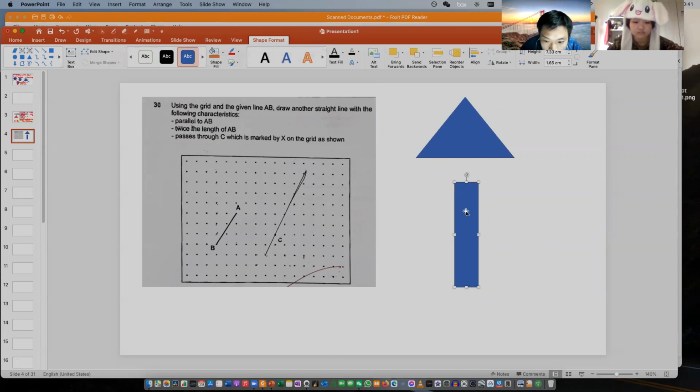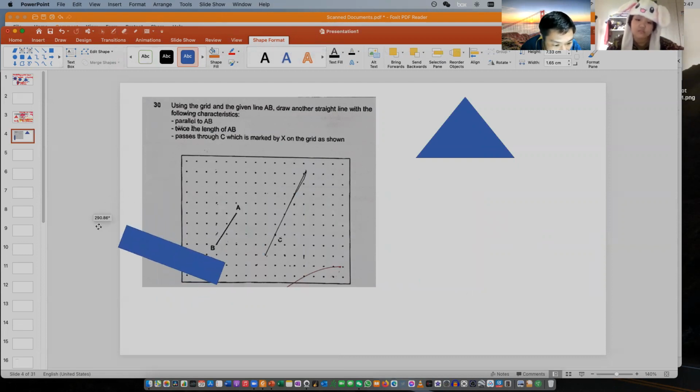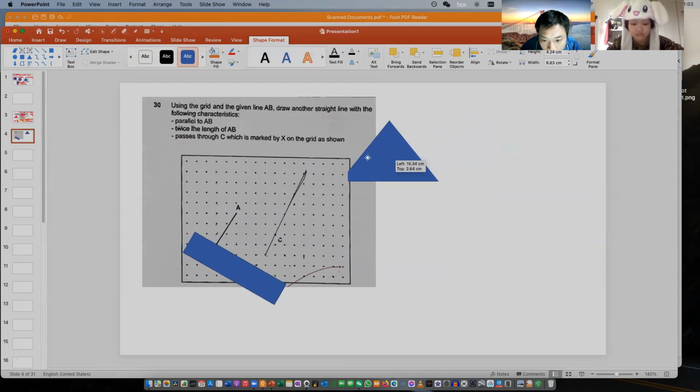Okay, so what you can do is this. I'm trying to use PowerPoint. So first thing first, you park this ruler next to the AB line. Okay, the line AB first. So park it 90 degree to it. Must be 90 degree to it. Then the next thing to do is you need to park this one.